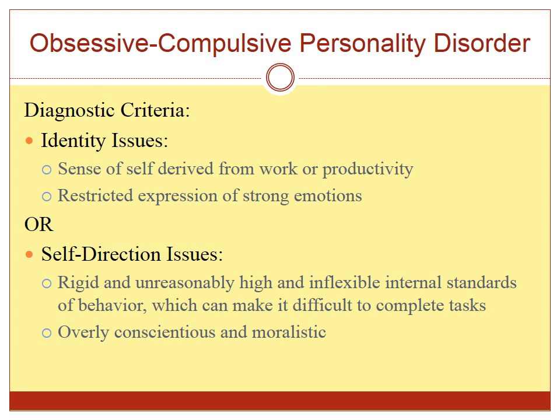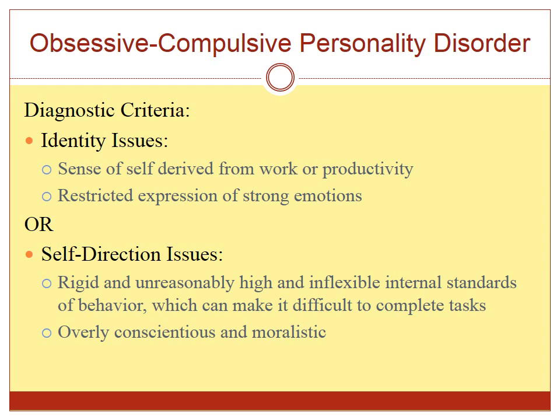So, identity issues in terms of diagnostic criteria include a sense of self which is derived from work or being productive. They have a very restricted sense of strong emotions, meaning they will control their emotions like they control their environment. They have very rigid and unreasonably high and inflexible internal standards of behavior, which can make it difficult to complete tasks.